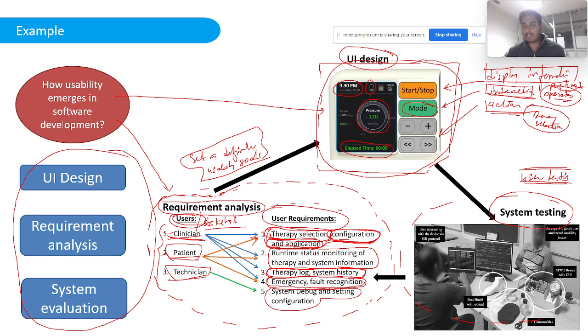In this picture, I'm showing a system testing session where users are involved in testing a particular device, and based on their feedback you define the requirements. If those requirements are not met, you iterate the requirements and redesign. This cycle continues. This is how usability emerges into software development.